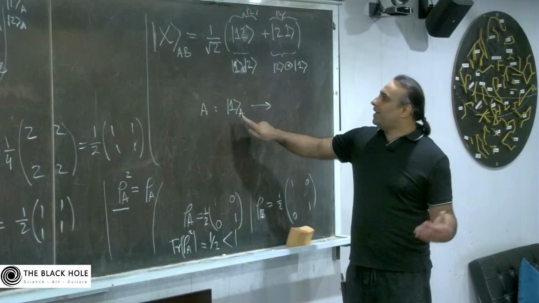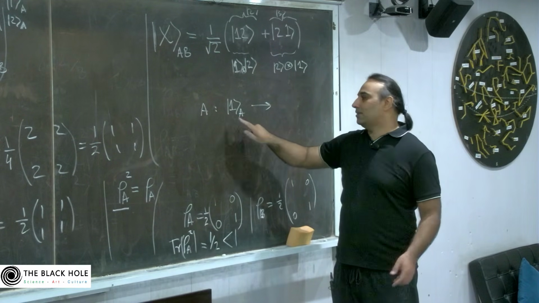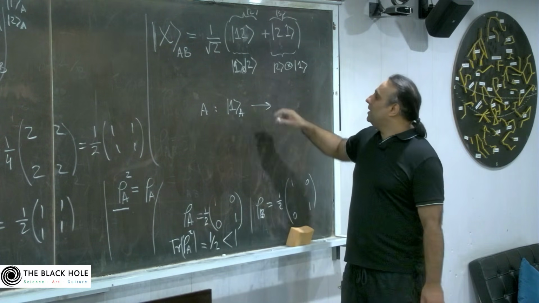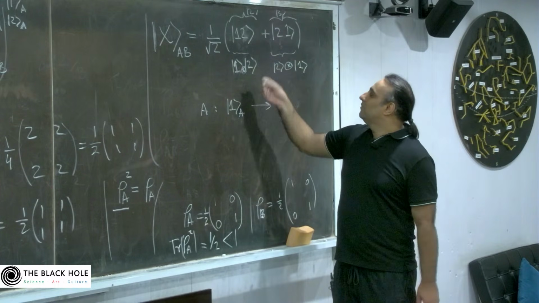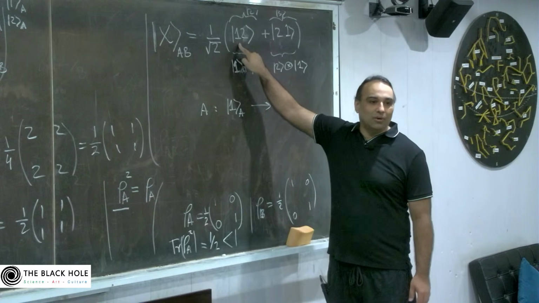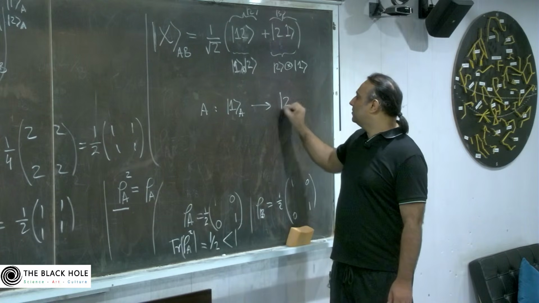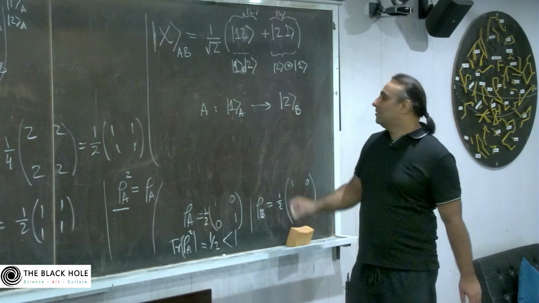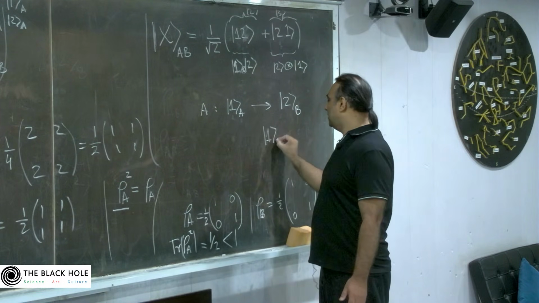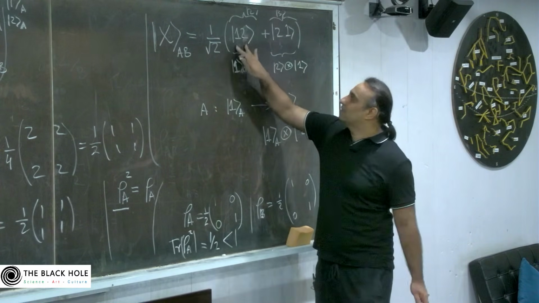So if you do a measurement on this and somehow you get this, because whatever you measure, you obtain its eigenvalue, then in this state, when you project it onto this one, this is discarded, you only get this part, and this would mean that you get 2 for B. So you actually get 1 for A, 2 for B, this part, so 1, 2.